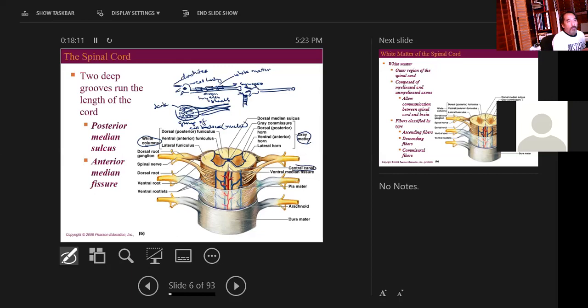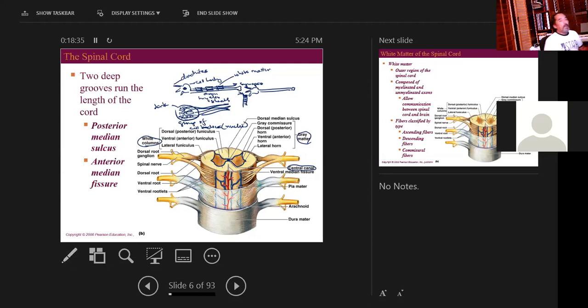The cerebrospinal fluid of the brain continues into the central canal, so the CSF flows inside the spinal cord. The brain has CSF in the ventricles, which communicates with the central canal of the spinal cord.